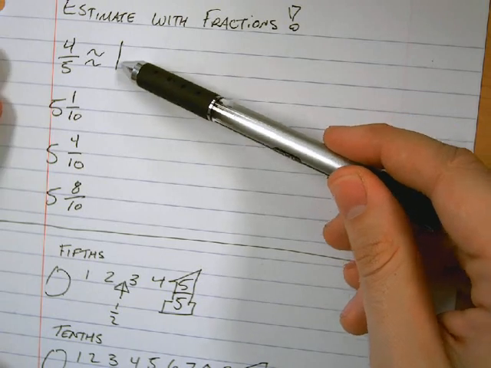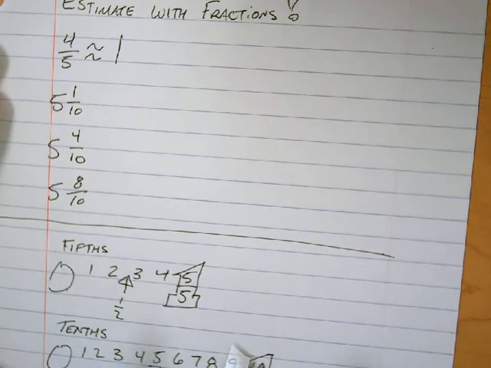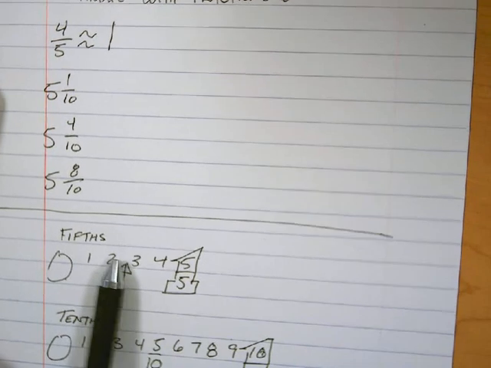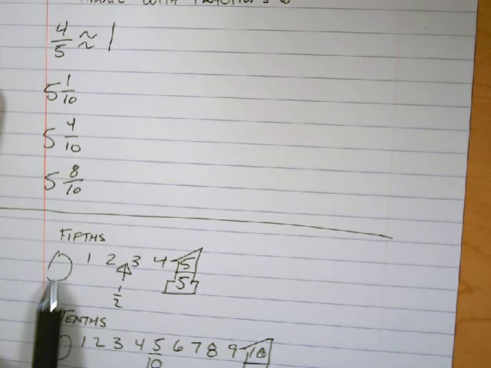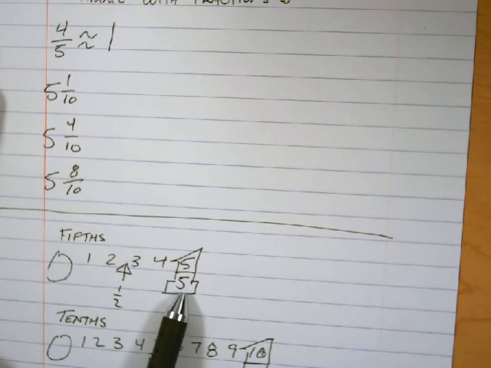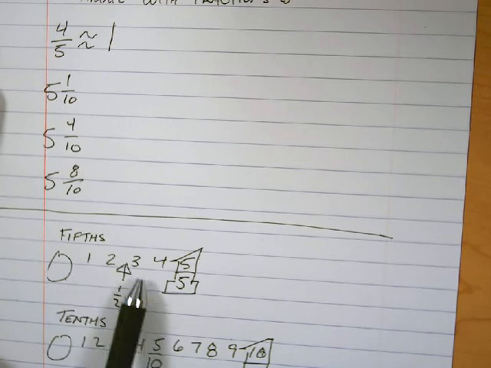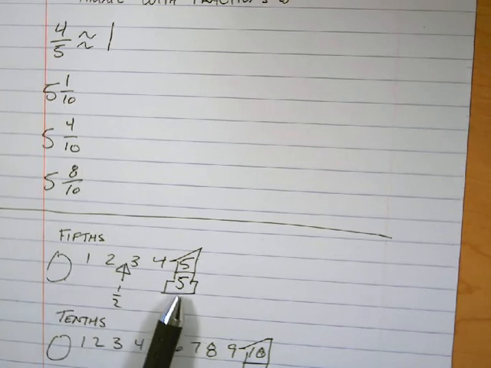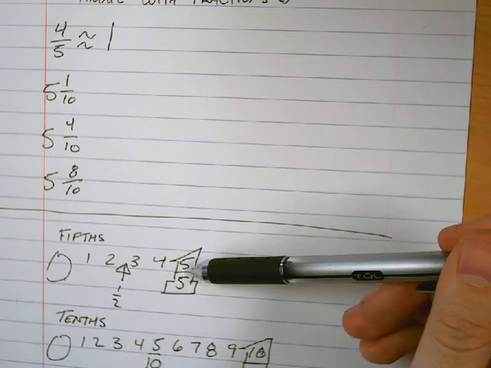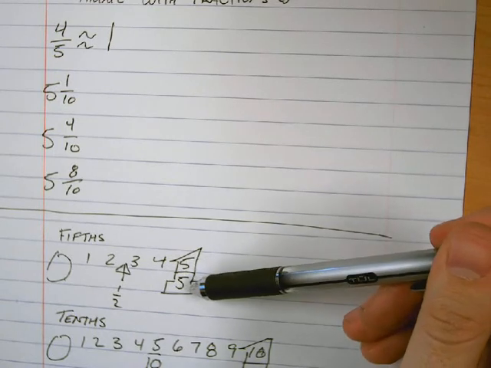4/5 is closest to 1. Let's see how I knew that. Some of you probably knew that intrinsically, but I'm going to show you a strategy. Since it's fifths, since my denominator is 5, I made a little number line here. I went from 0 to 5. Each one of these represents a fifth. 1/5, 2/5, 3/5, 4/5, 5/5 is 1 whole. That means you have 5 pieces, and 5 pieces make a whole.